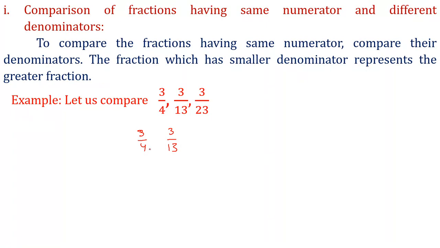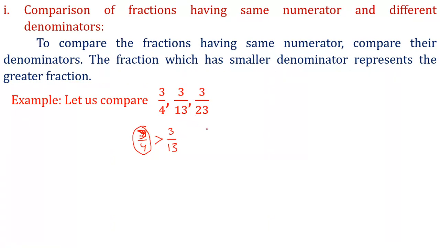Now the denominator is 4 and 13. 4 is less than 13, which means the value of the fraction 3 by 4 is greater than 3 by 13, because the fraction which has the smaller denominator represents the greater fraction. The numerators are equal, 3 and 3, so 3 by 4 is greater than 3 by 13.